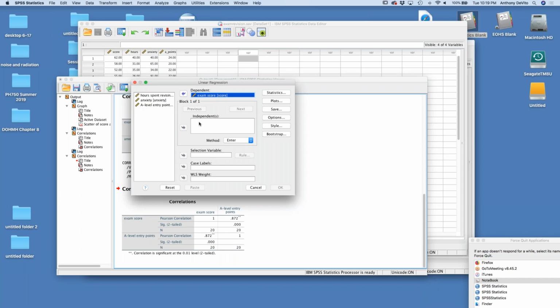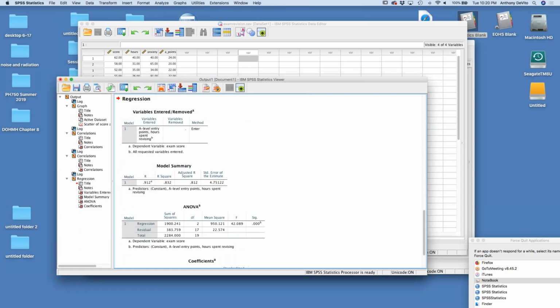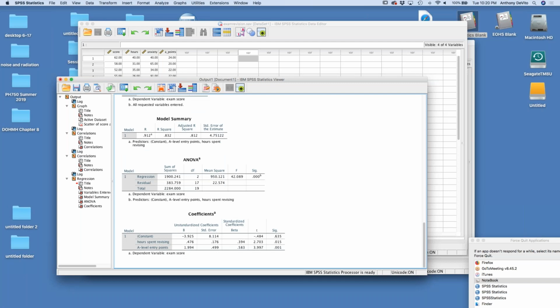That's the predicted variable. But into the independent variables, I'm going to put both hours of study and the entry level score. I'm going to leave the method Enter turned on here for our purposes. I'm going to click OK. It's just a demonstration. I may not ask you this on the exam. Let's take a look at what we get now.